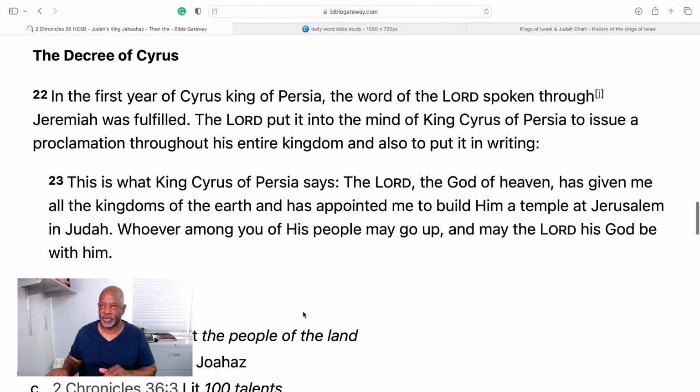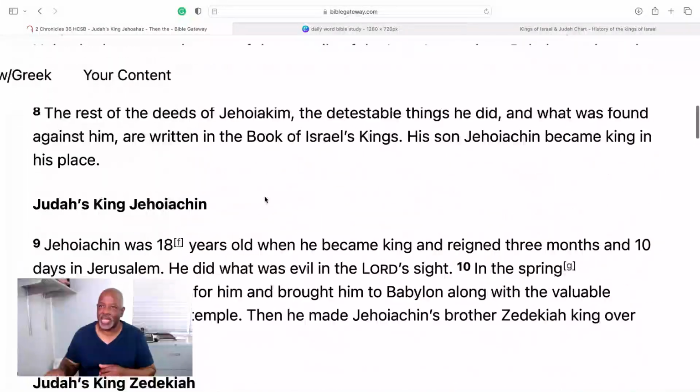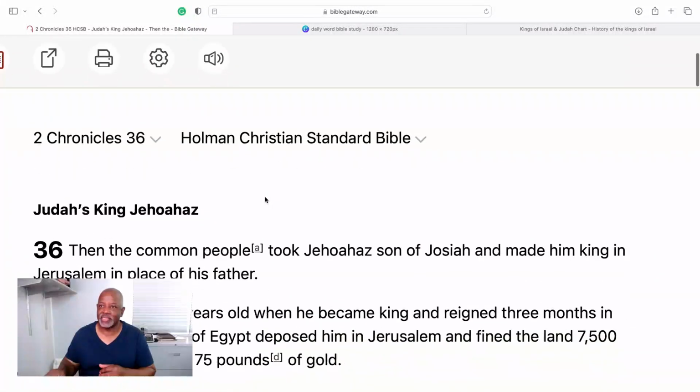What is very interesting about this, when we look at the layout of the Bible, let me bring it back up, because I want us to understand this.